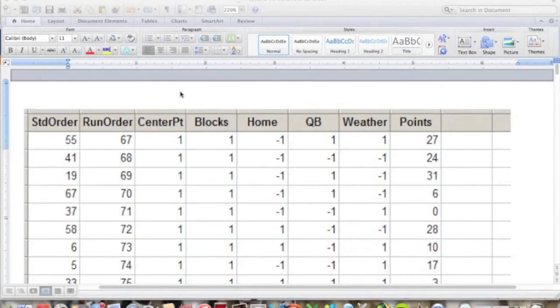We left the Falcons playing the Saints for every game, and we left all the players the exact same except for the quarterback. Right here we see that the -1 represents the away location, the +1 represents the starting quarterback, and the +1 here represents clear weather.